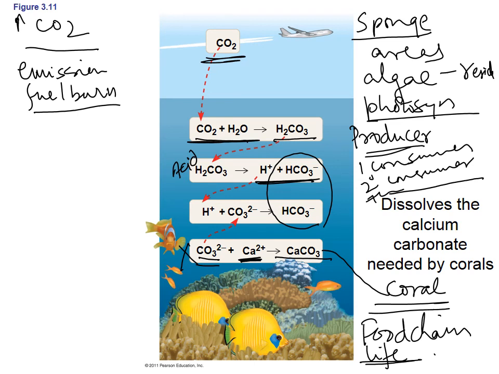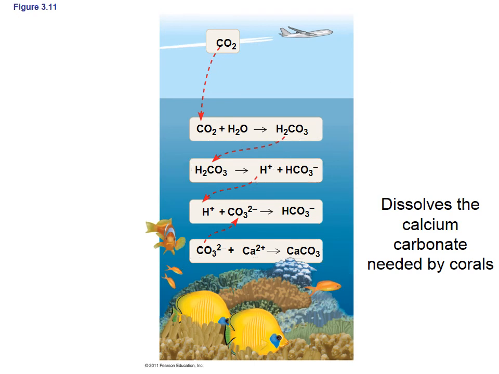What happens is, if the carbonate is taken out of the entire situation and kept in solution and in acid form, calcium just floats away and there is no hard calcium carbonate made. That means no life, no coral.